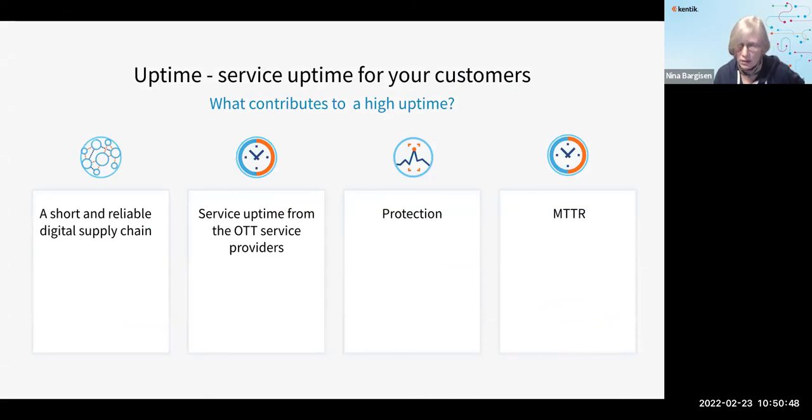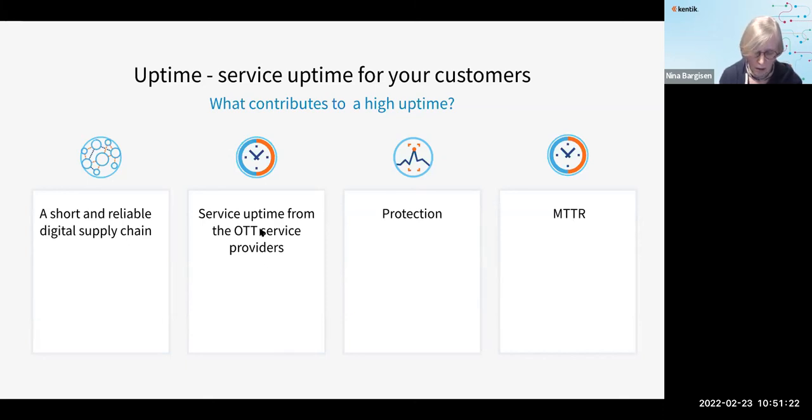And where does that bring us? I'm a little bit fast today. It basically brings us back to the slide where we were talking about how service uptime is contributed to by the short and reliable supply chain that you find out by diving into which services the customers are using, how they are served, how you can connect well to those who are serving those services, and how you can monitor that they're always up and running and fix it quickly if they're not.